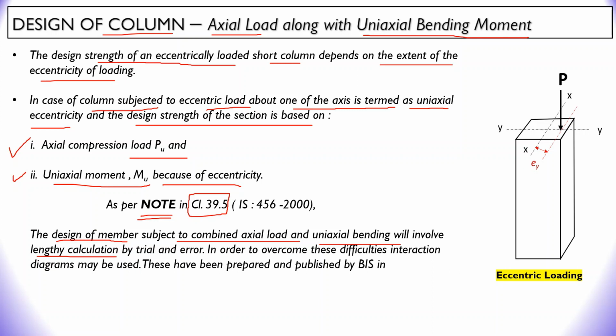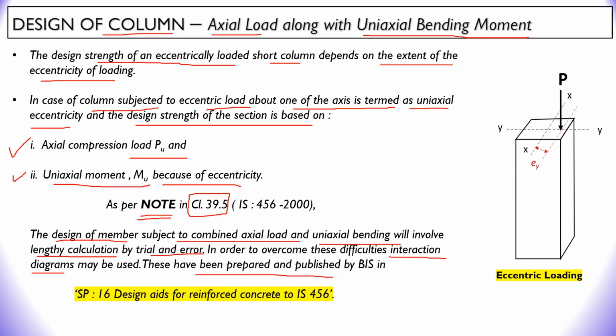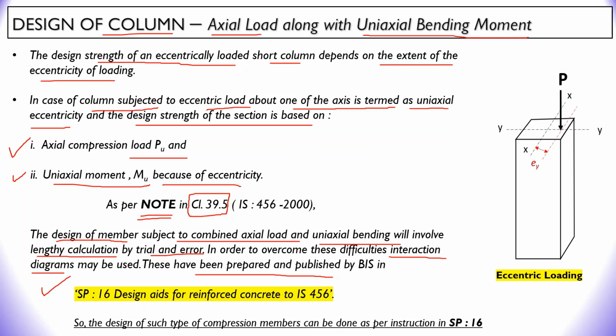To avoid lengthy trial and error calculations, we can easily use the interaction curves or diagrams available in SP16, prepared and published by the Bureau of Indian Standards in booklet form, SP16 Design Aids for Reinforced Concrete to IS 456.